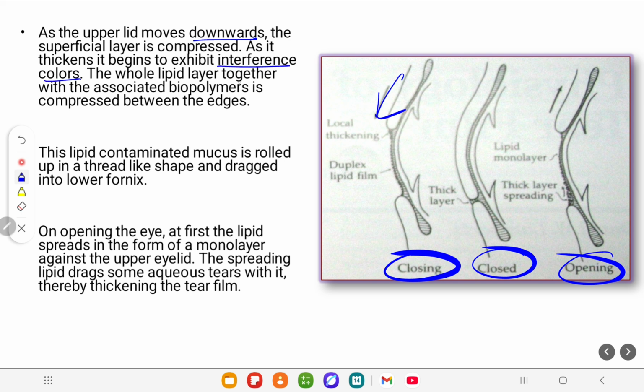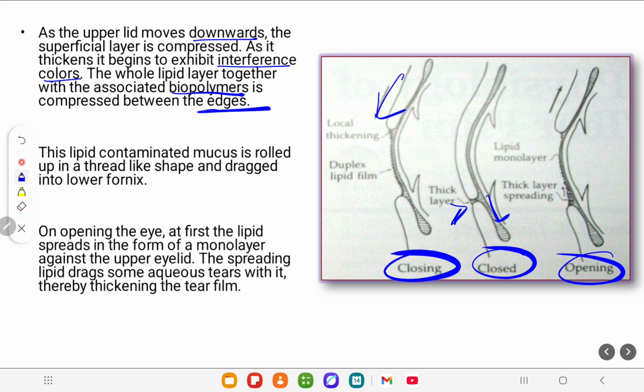The whole lipid layer together with the associated polar lipids is compressed between the edges of the lids. You can see in this picture a thick layer of lipid. So lipid-contaminated mucus is rolled up in a thread-like shape and dragged into the lower fornix.